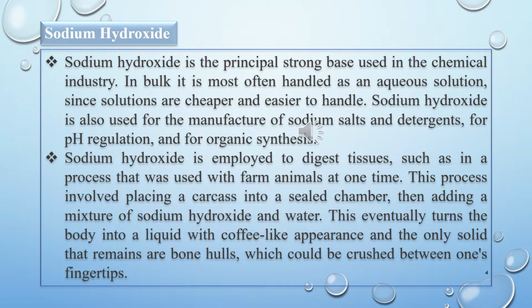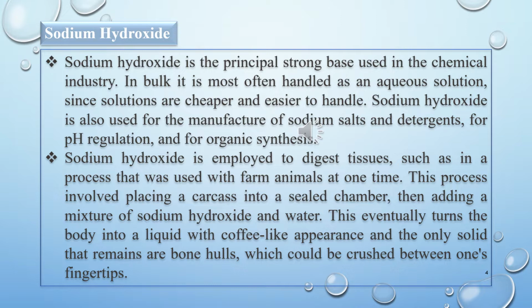Students, in this point, he said that sodium hydroxide is used to digest tissues. For this purpose, we place the carcass in a chamber and then we pour sodium hydroxide on it. That sodium hydroxide digests the carcass and converts it into a coffee-like liquid.